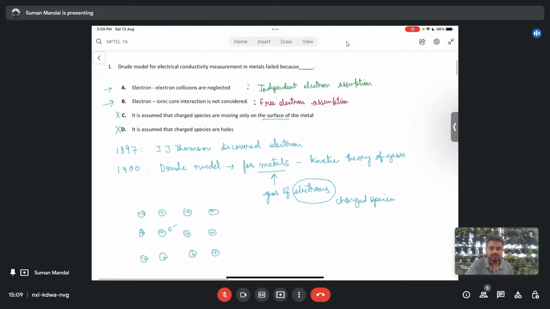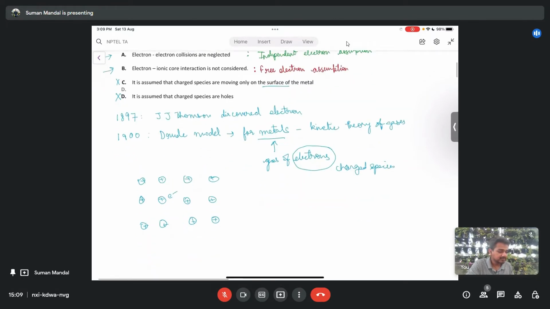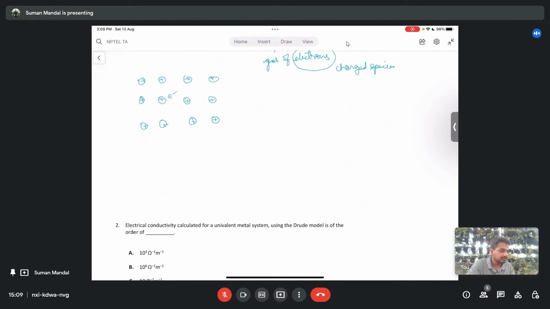Now to understand which of these options is correct, because I see somebody has mentioned A as well as B, let us look into some of the results that Drude got when he took this assumption.